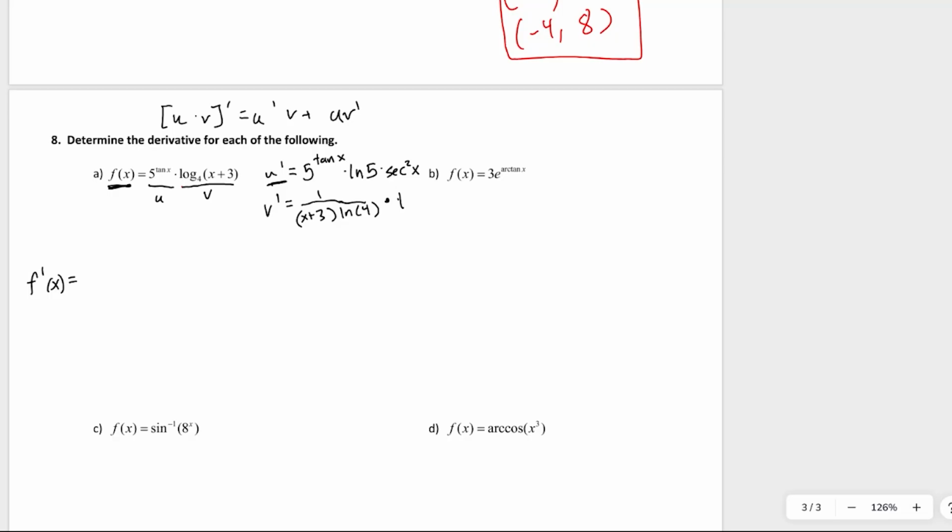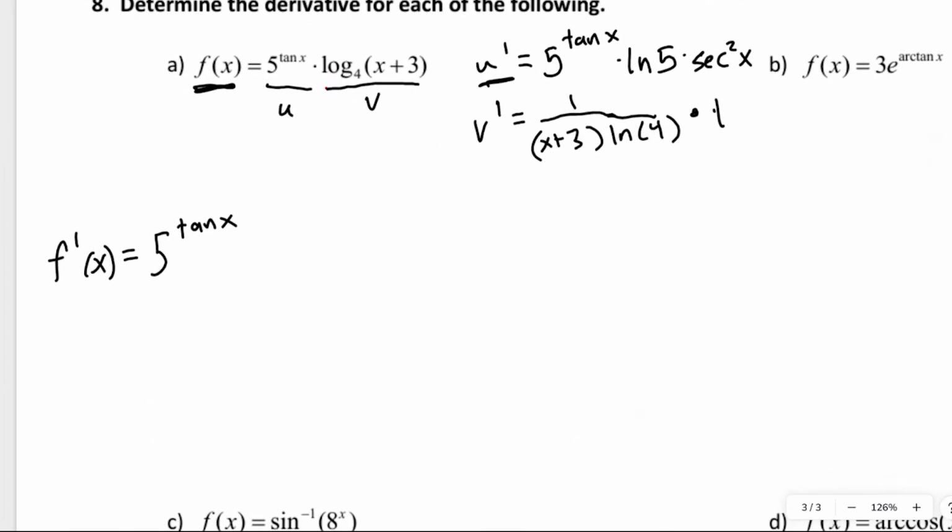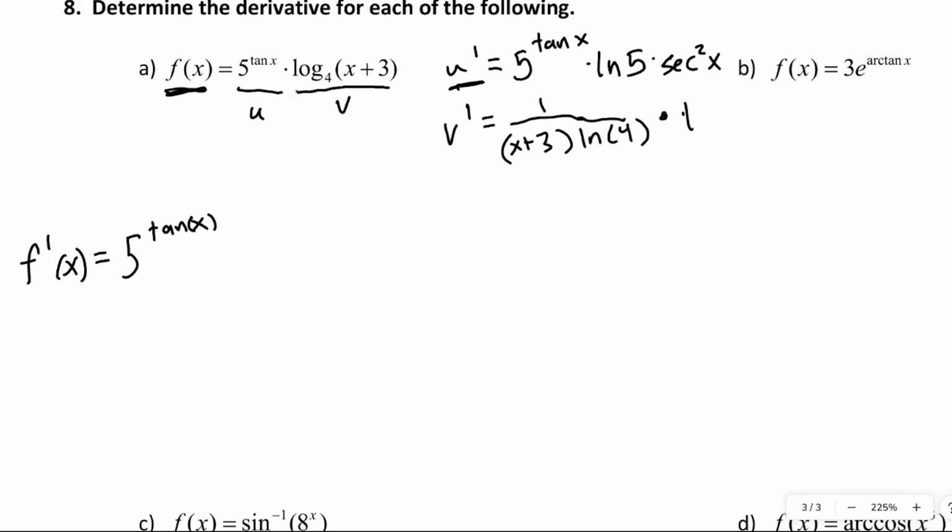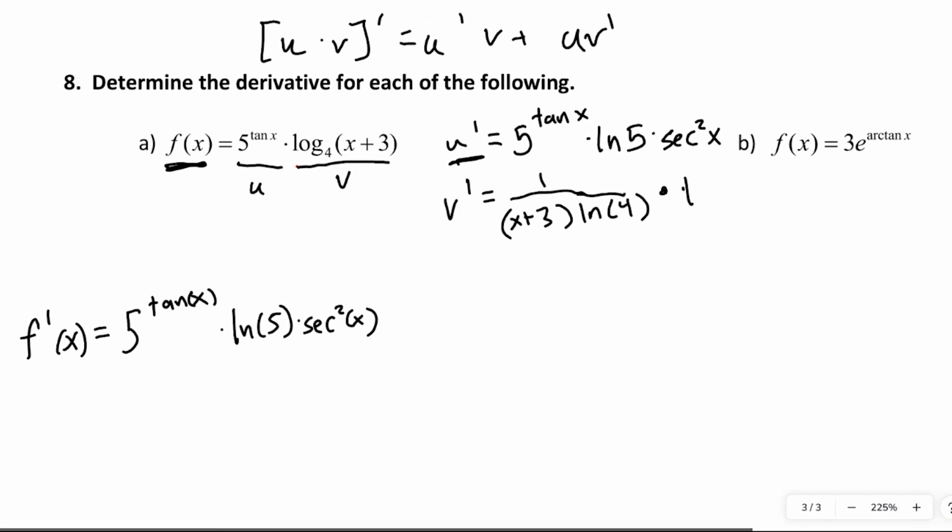Okay, so it's going to be the u prime here instead of f. 5 to the tangent x, and I'm going to zoom in so I can try to write a little smaller here. 5 to the tangent x times natural log 5 times secant squared x. Okay, that's just the u prime part. That's just this part.